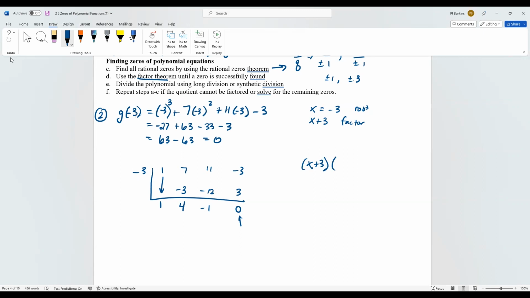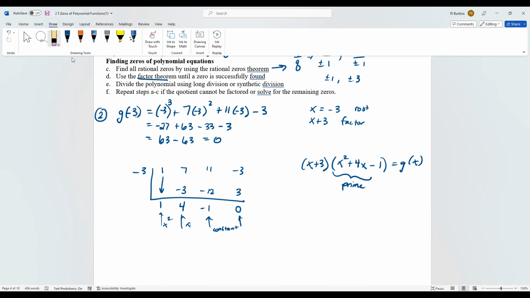The remaining factor, this is the constant, this is the x term, this is the x squared term. So we have x squared plus 4x minus 1. At the moment, we have that this is g of x. Now, because this can't be factored because it's prime, we can't think of something that we multiply to get -1 and add to 4.